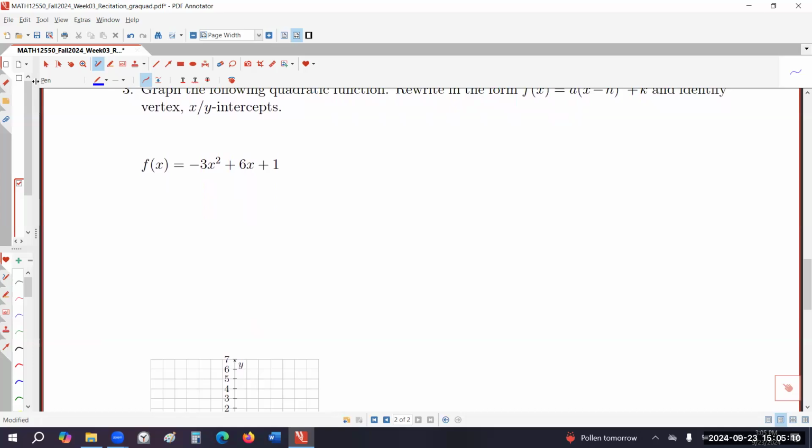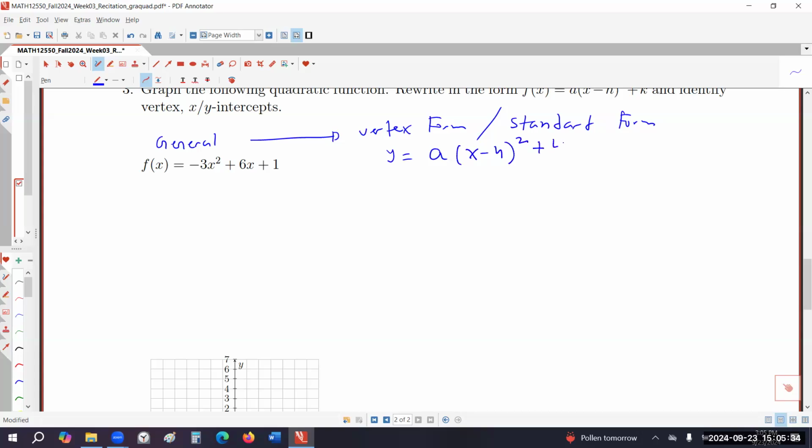So this is general, if I'm not wrong. I could be wrong, but as far as I remember, this is general. And our goal is to convert this into vertex form, or they have another name, standard form. The standard form is y equals some type of leading coefficient a, x minus h squared plus k.